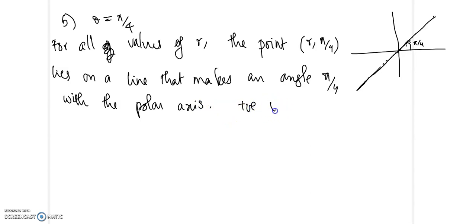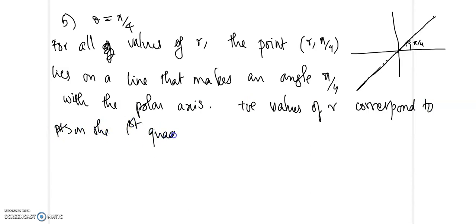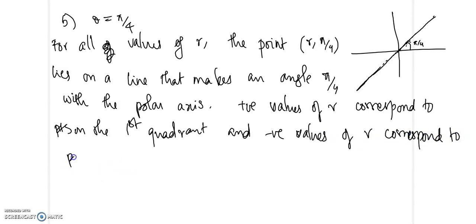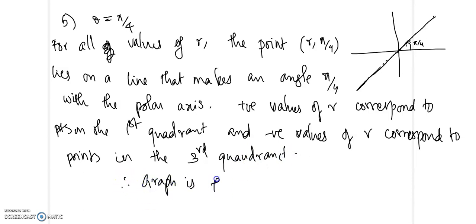So positive values of r correspond to points in the first quadrant, and negative values of r correspond to points in the third quadrant. So therefore the graph is the entire line.